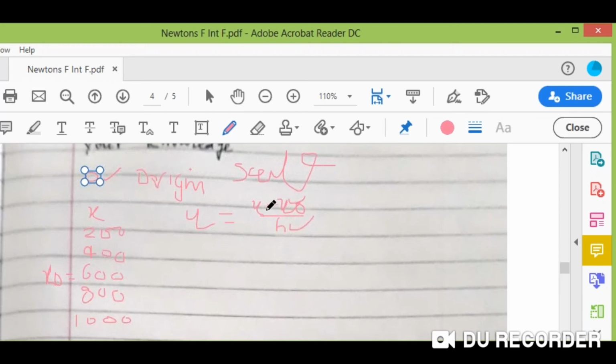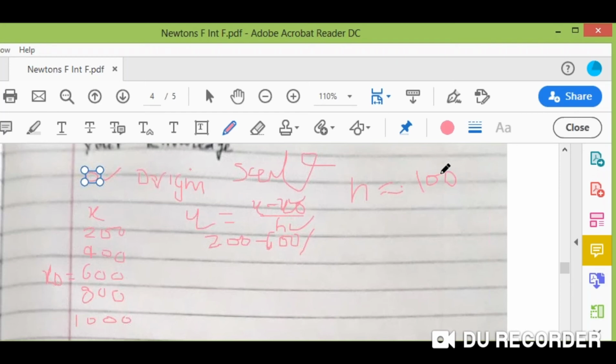So what will 200 be for the new variable? This 200 is the x, minus 600, that is the origin x naught, and upon h. Suppose h, the scale, is equal to 100.